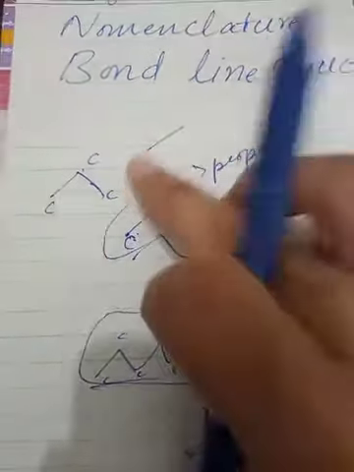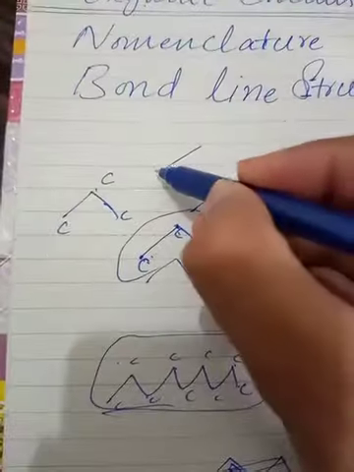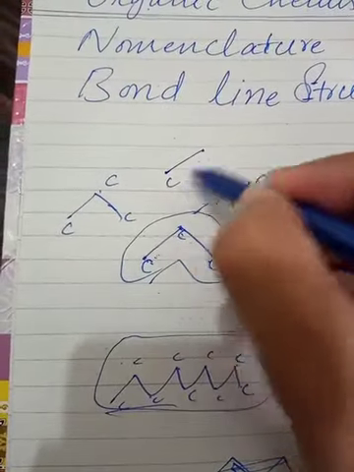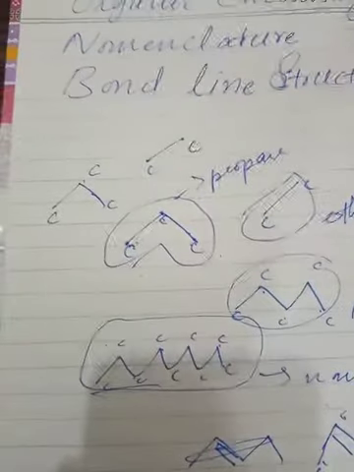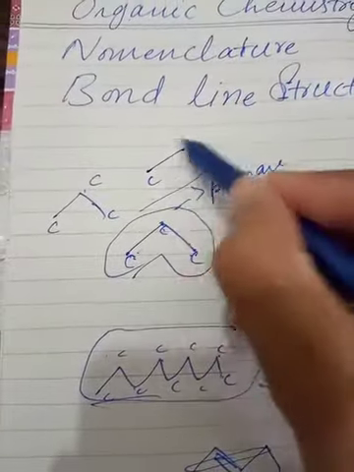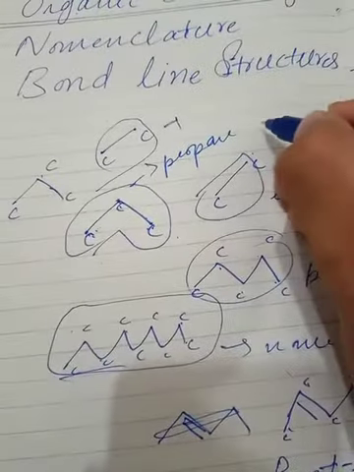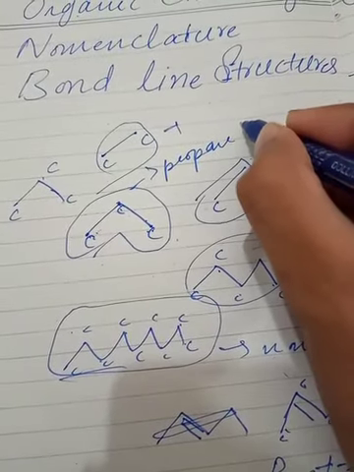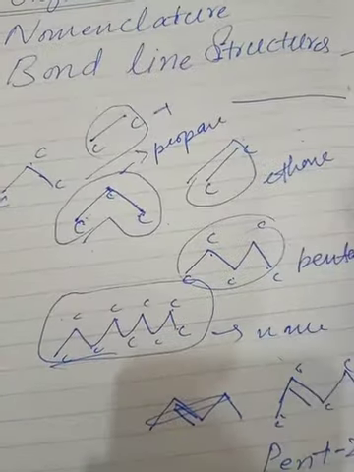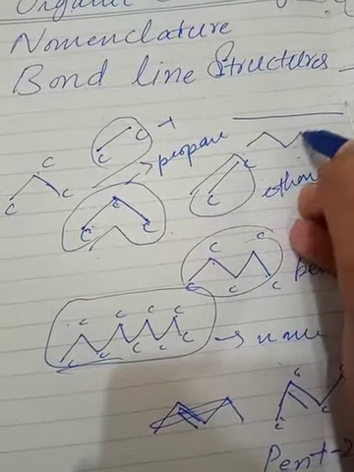Now it's one line, but it is representing 2 points, so we have to name it ethane because it contains 2 carbons. And you can't always put the carbon chain straight, it is always in a zigzag manner.